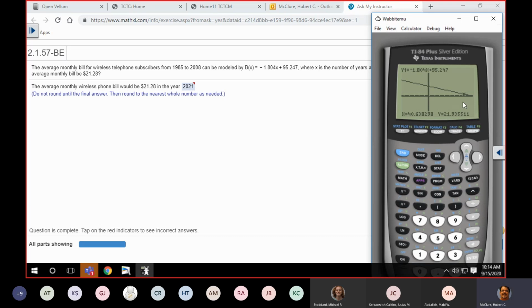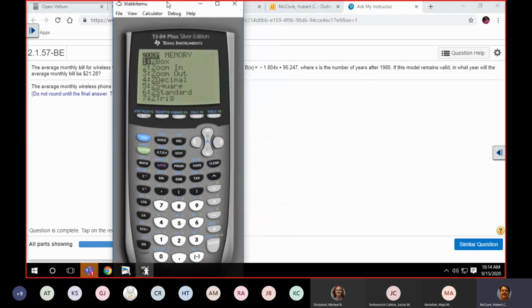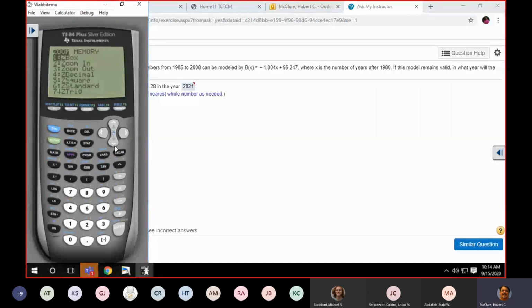Now you could blow that up. You could hit zoom. Let me pull this in the center. Zoom in, and zoom in right there where they are, right where I was, at, let's see, 23.28.